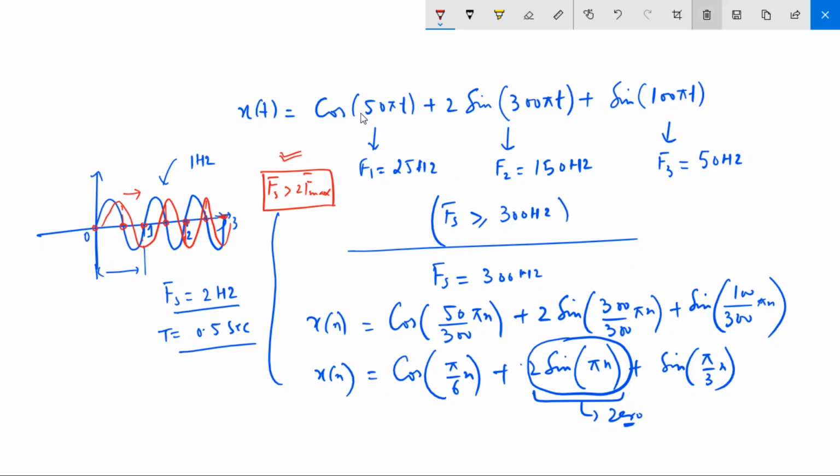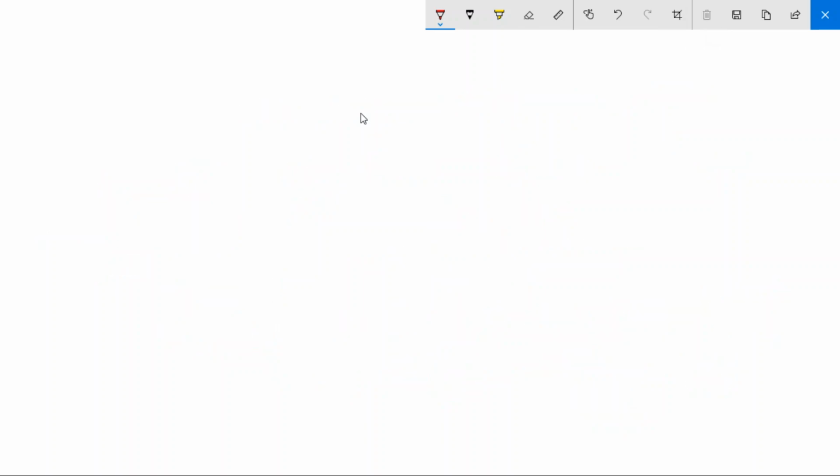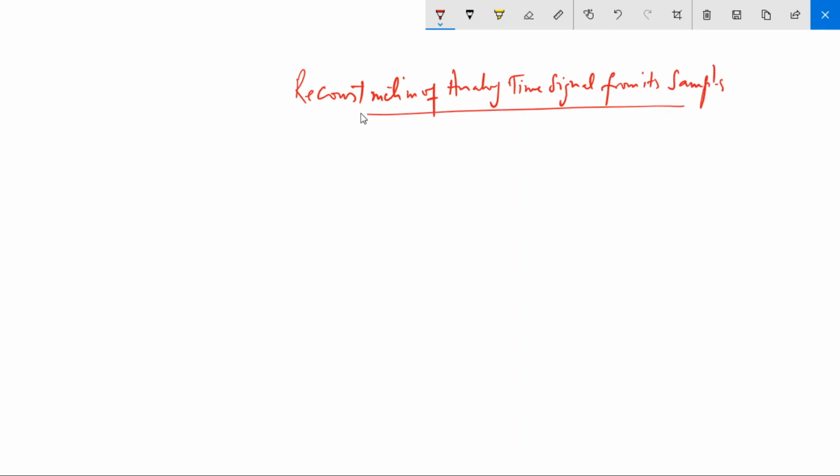Now how can we reconstruct the signal back from the samples? Reconstruction of an analog signal, a continuous time signal, from its samples, because you must have a reconstruction algorithm, otherwise there is no utility of the sampling.